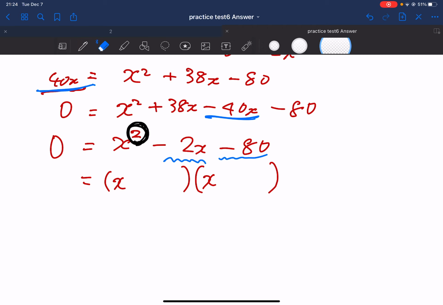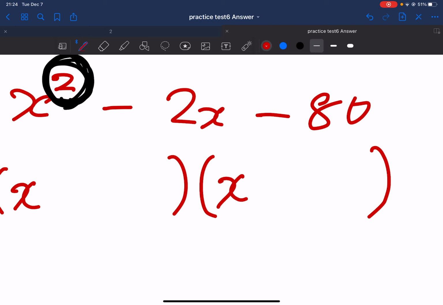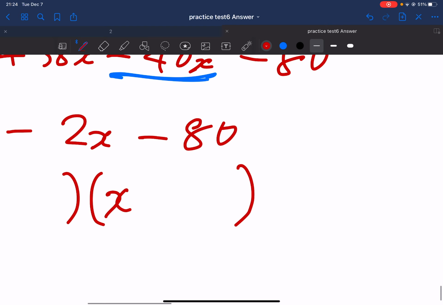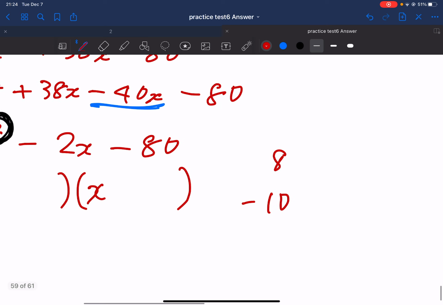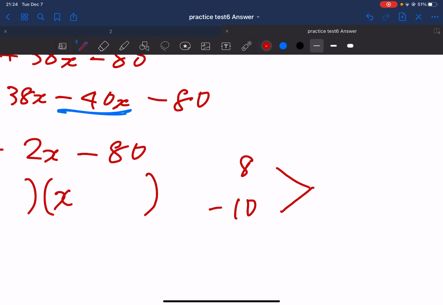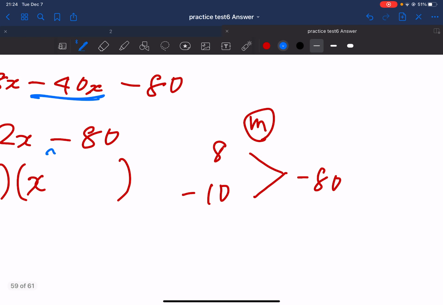So maybe let's try 8 times negative 10. If you multiply these two, it becomes negative 80, right? That's the one that we're trying to find.